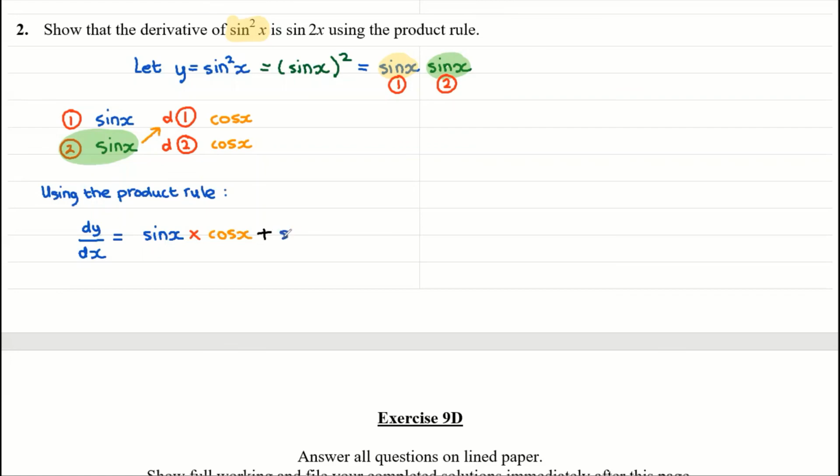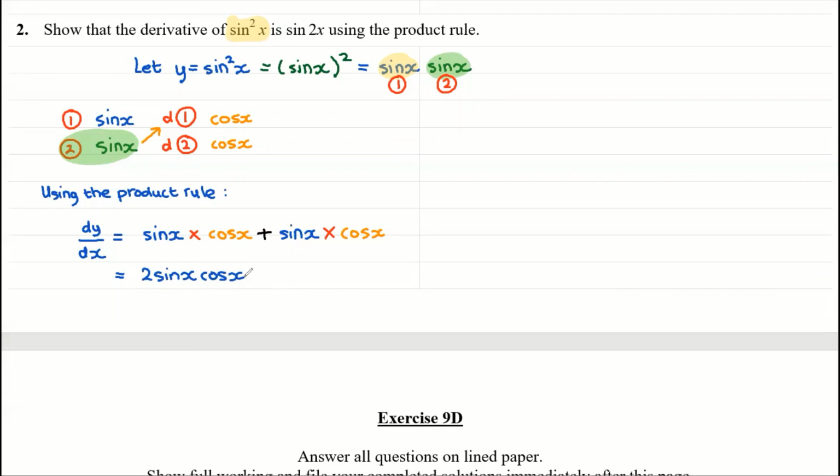So this is sine x multiplied by cos x. So this is going to generate the same term twice. It's quite simple what we've got now. This is just going to be 2 lots of sine x cosine x, or 2 sine x cos x.